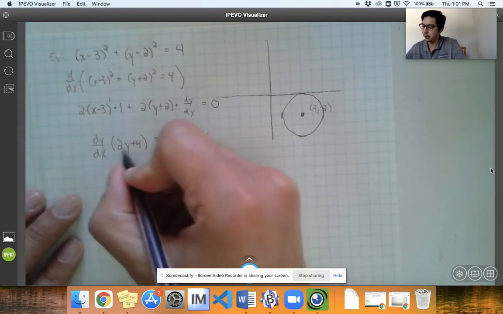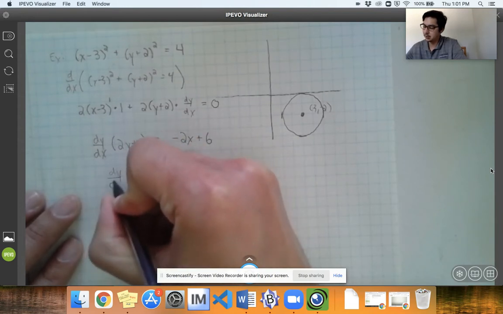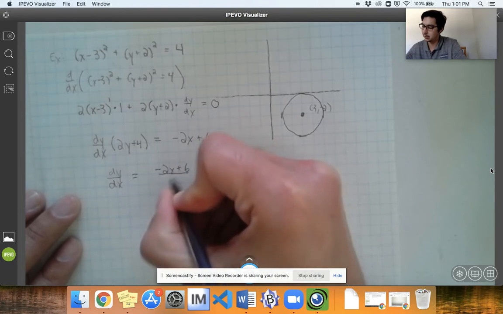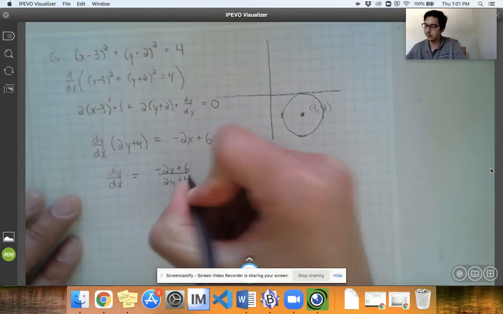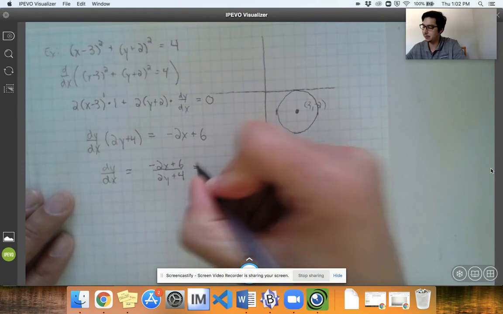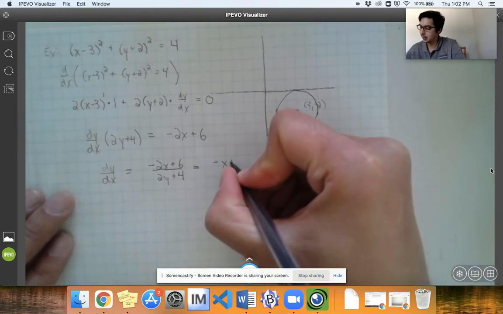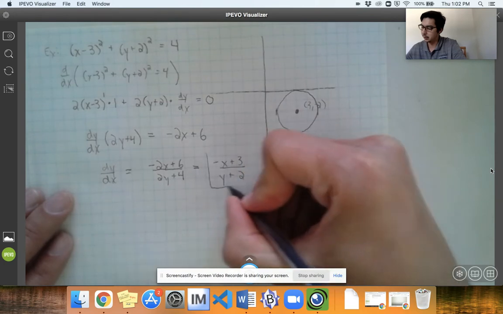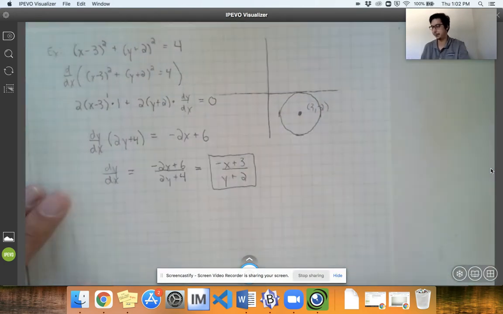And then divide by 2y plus 4 on both sides. So the derivative of this circle can be denoted by (-2x plus 6) over (2y plus 4). And I can simplify that even further and say (-x plus 3) over (y plus 2). And there's my derivative. Okay.